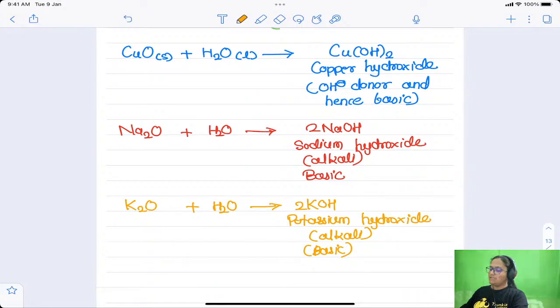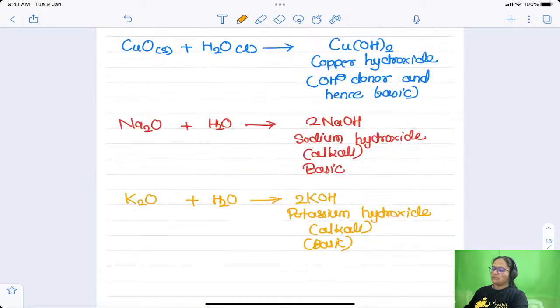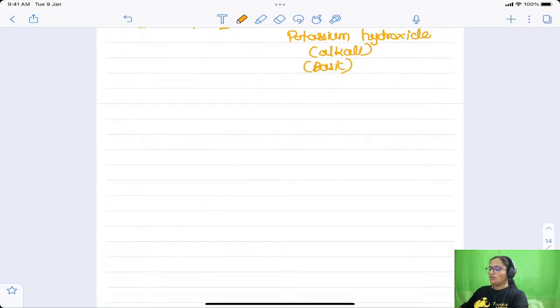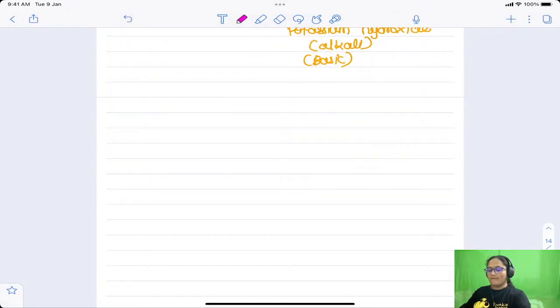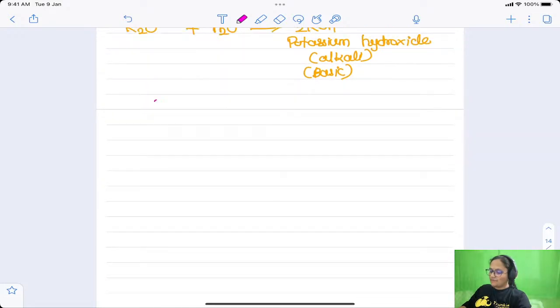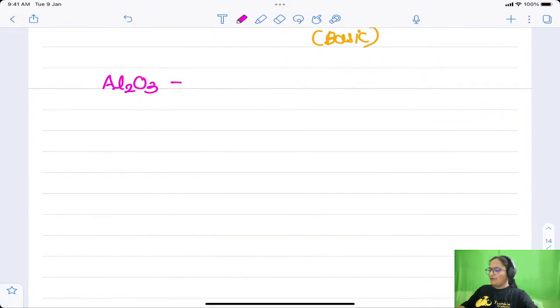Now these three were examples of basic oxide, but I have told you aluminum oxide Al2O3 is the amphoteric oxide, right? Why is it an amphoteric oxide? Aluminum oxide Al2O3 is an example of amphoteric oxide. Amphoteric oxide means it will react with both acid as well as base, right?